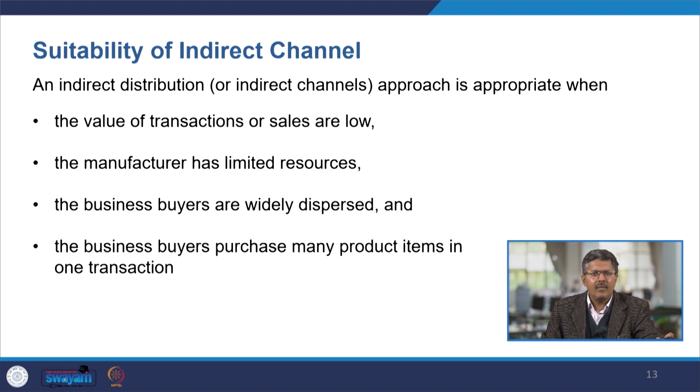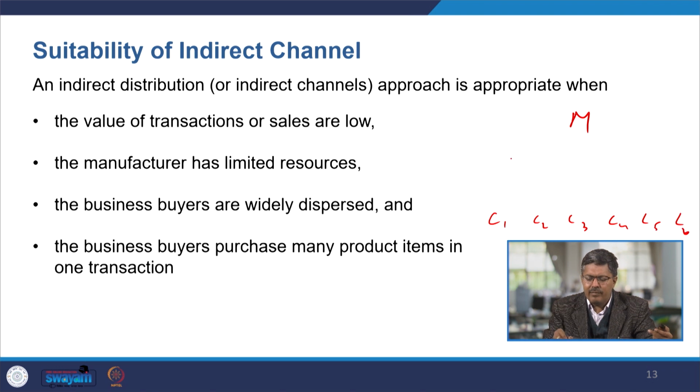Okay. The manufacturer has limited resources. The manufacturer, as I said, may not have the marketing resources, may not have the logistical resources to reach the customers. So, in that case, it is better for the manufacturer to go through the intermediary, because let us say there is one manufacturer and lots of customers, let us say customers C1, C2, C3, C4, C5, C6.